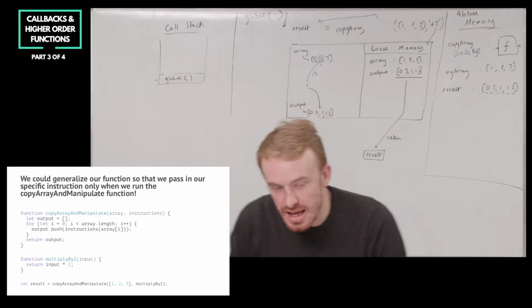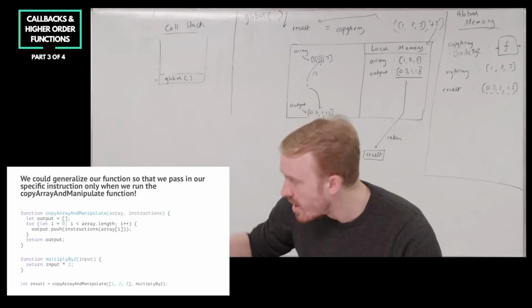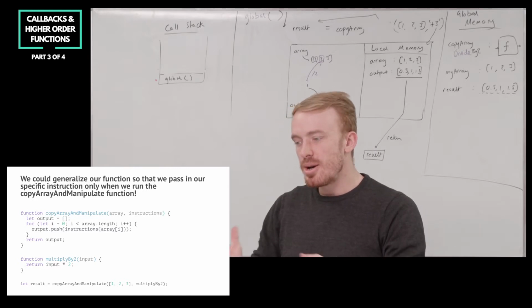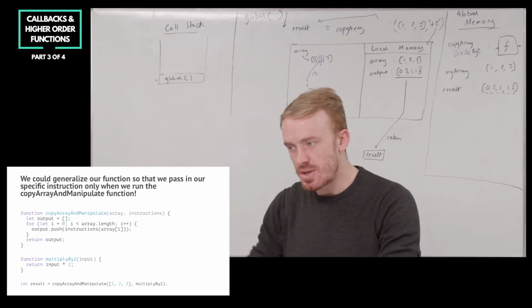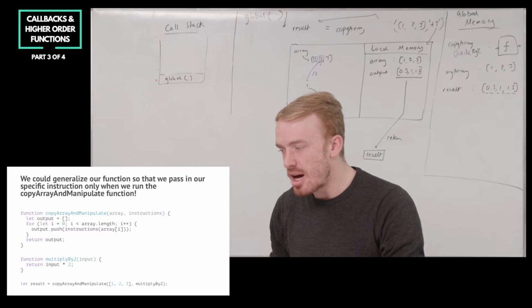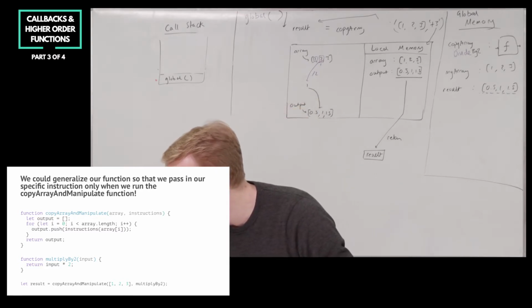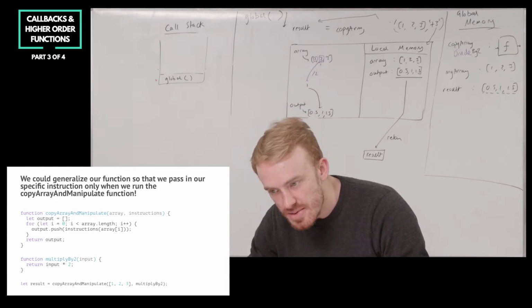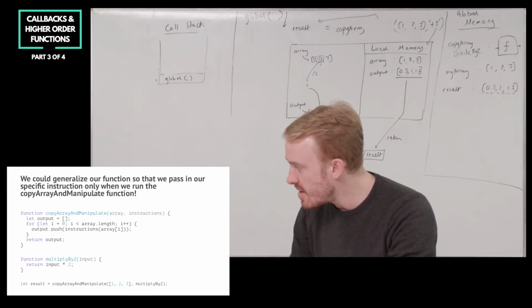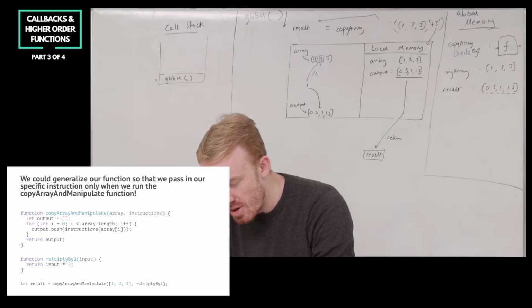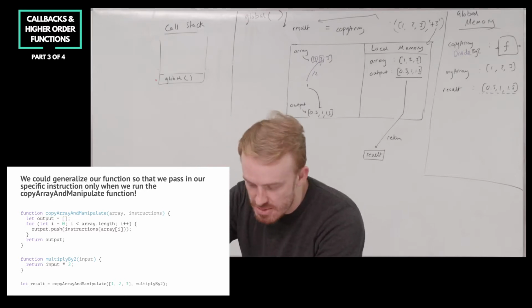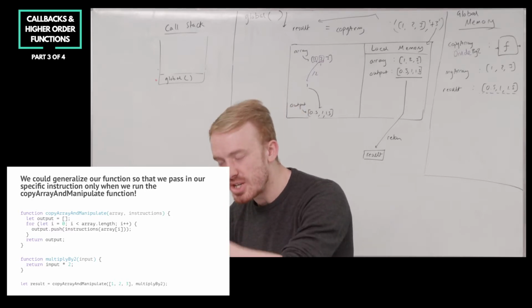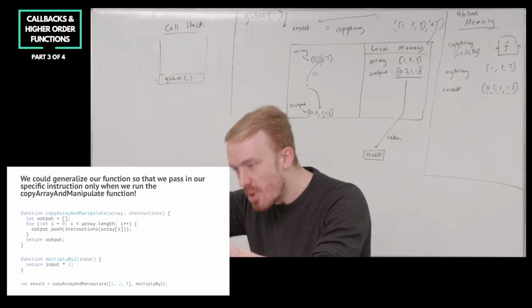So just like array becomes 1, 2, 3 when we run copy array and manipulate, so too instructions is going to become multiply by 2. We're going to end up with multiply by 2 grabbing the individual element of the array as an input, taking the array position 0, which is 1, and throwing it into multiply by 2 and returning out 2, achieving the same as when we had array position 0, number 1, multiplied by 2.